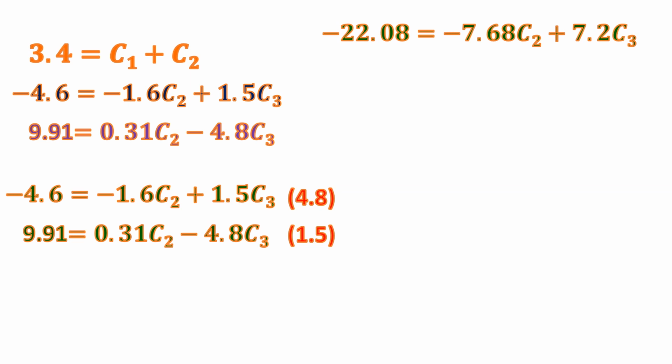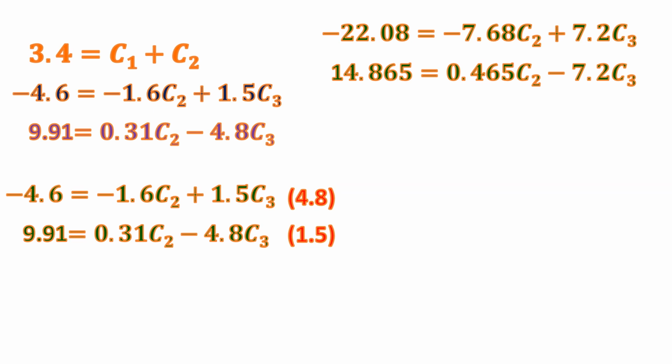So here's the result. If you distribute the 4.8 it will be like this, and if you distribute the 1.5 it's gonna be this, using your calculator of course, to save time. So observe that the C3 contains the same number with opposite signs, so that's intended.